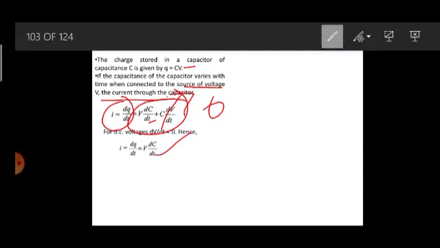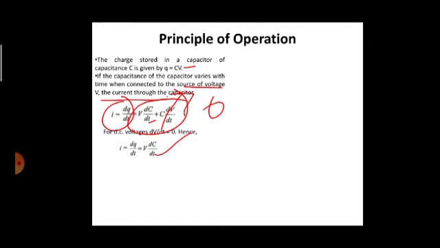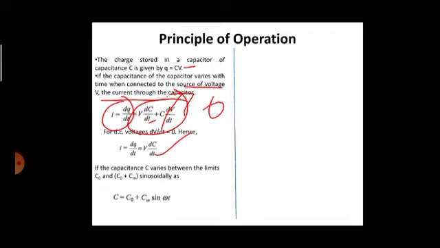Now, if the capacitance C varies between the limits C0 and C0 plus Cm sinusoidally, then the total capacitance C is given as C is equal to C0 plus Cm into sin omega t, and the current value is given as I is equal to Im cos omega t.